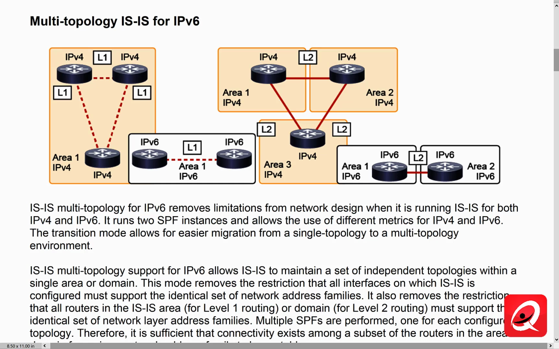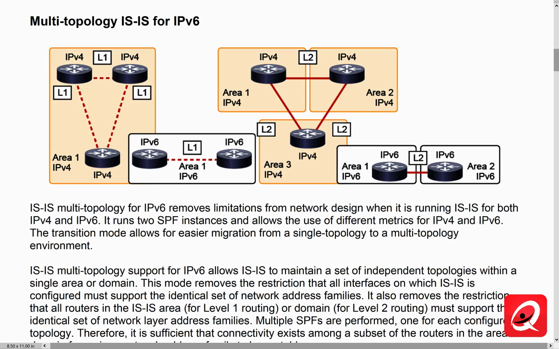Area 4 is solely running IPv4. But for IPv6, we don't have the limitations from the design. When we're running both v4 and v6, we run two different SPF instances, which allows the use of different metrics for IPv4 and IPv6. So it's a little bit of an easier migration from a single topology to that multi-topology environment because it's natively supported.